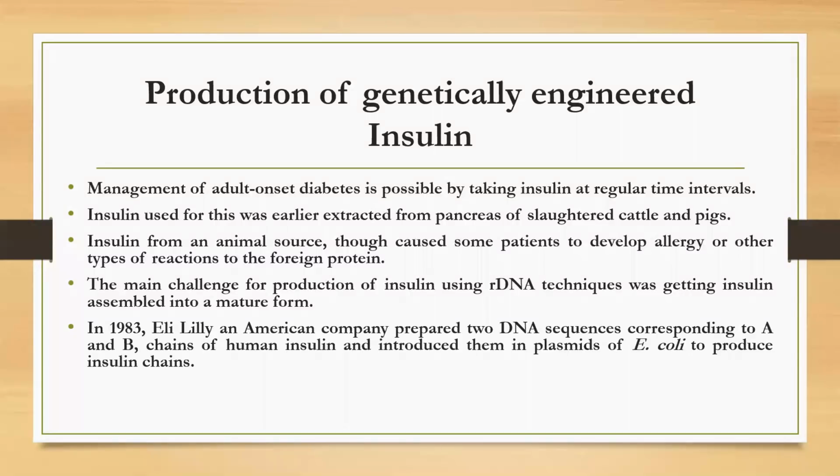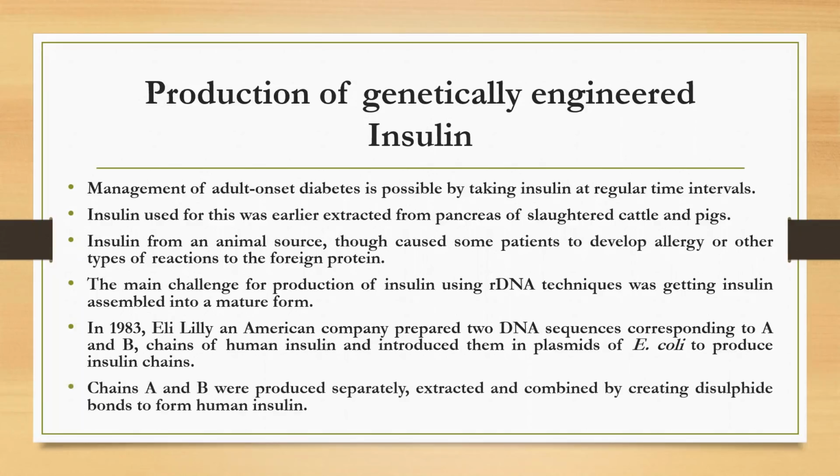So pBR322 was used as vector to produce the artificial insulin by using the E. coli cells.